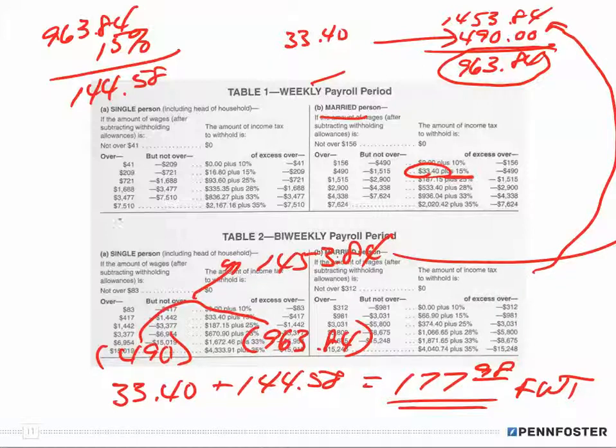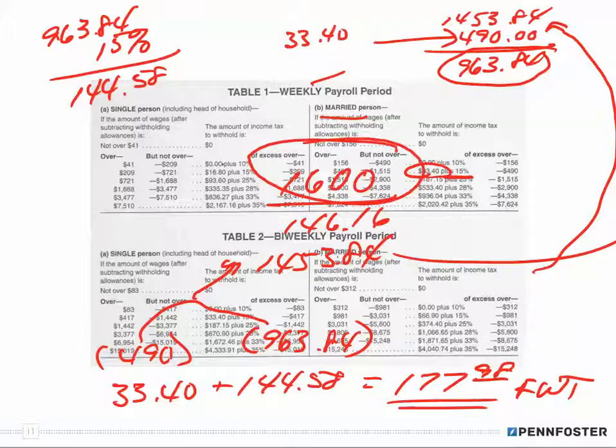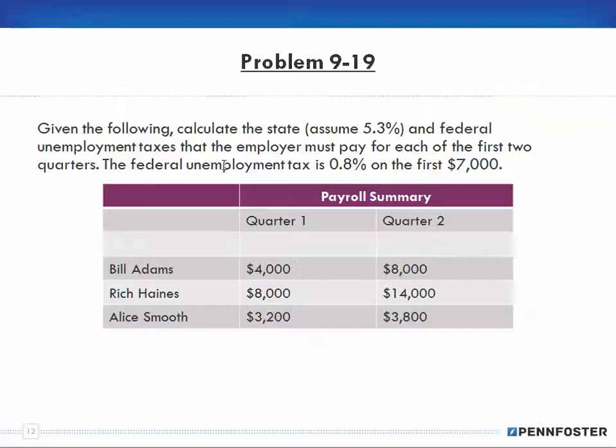And remember, that was before our withholdings. We had the 146.16, and that brought us up to the $1,600 as our gross pay, right? All right, so let's see here.